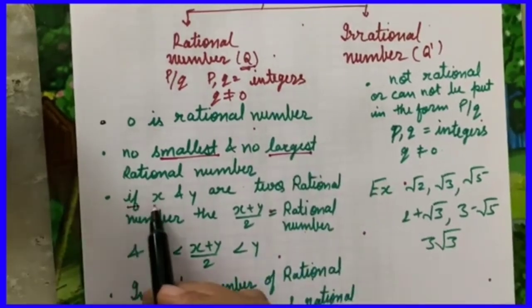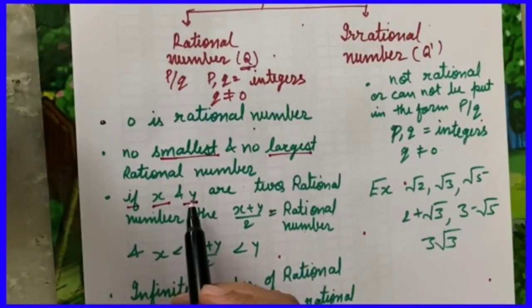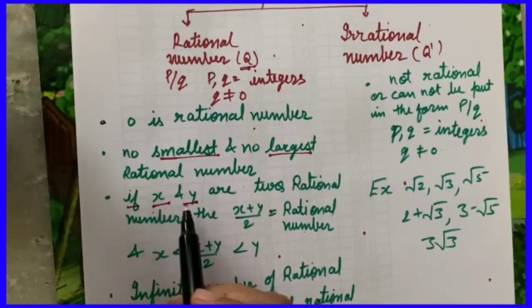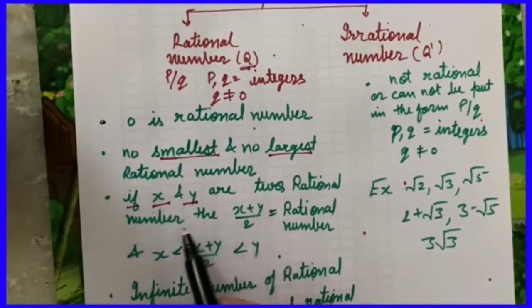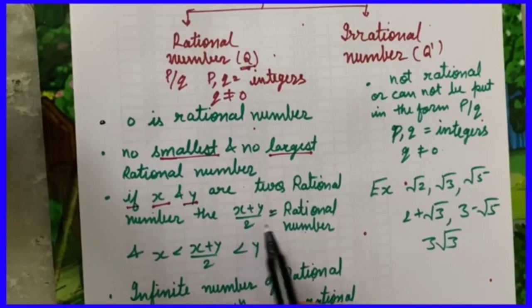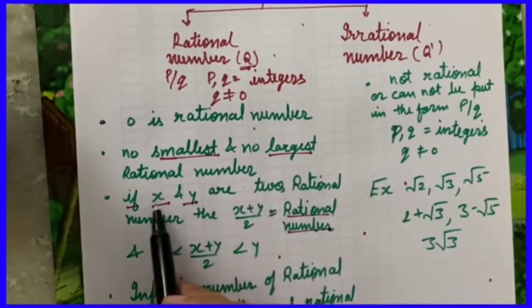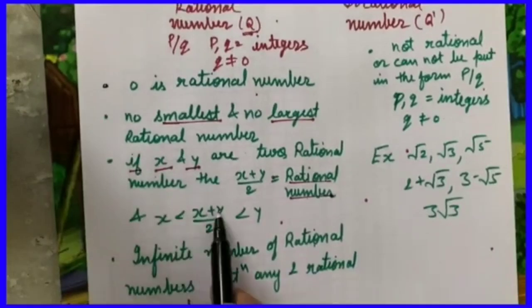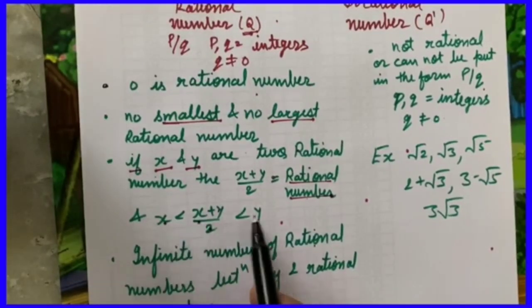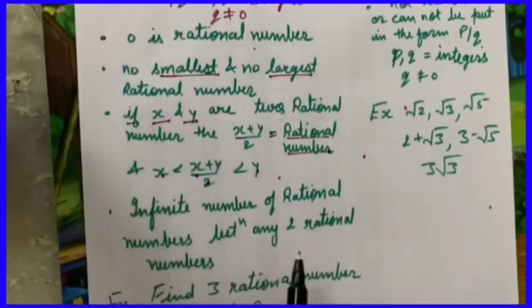Now if we have been given x and y, two rational numbers, and we have been asked to find some rational numbers between these two rational numbers, then we can find (x plus y) by 2. So (x plus y) by 2 will be also a rational number, and it will be between x and y. So (x plus y) by 2 will be greater than x and it will be less than y.